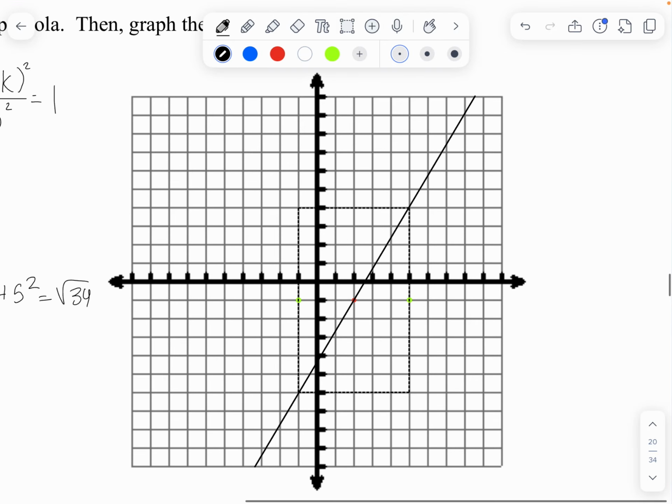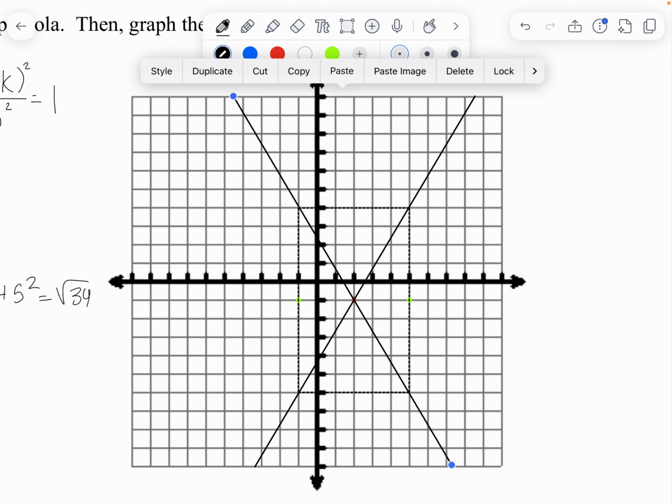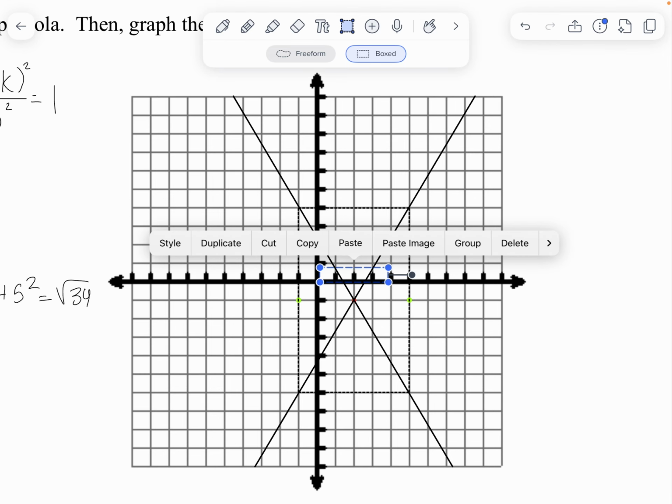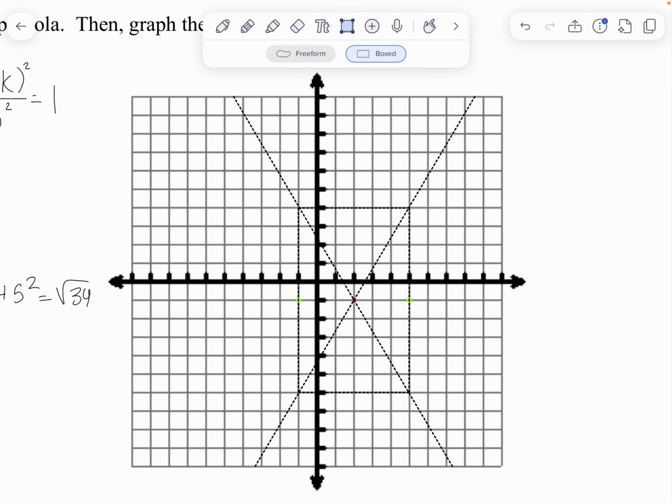And now we draw the other line. Okay, and now that we have that, we can start to draw our actual hyperbola.